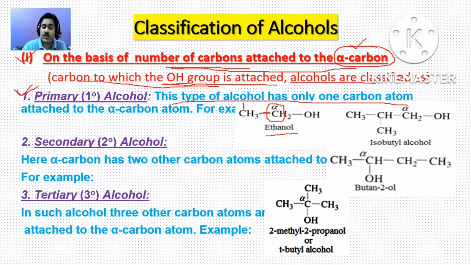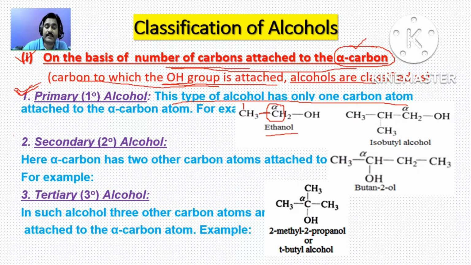Such alcohols are called primary alcohols. In these alcohols, the alpha carbon atom combines with the hydroxyl group and also one carbon atom. So these are called primary alcohols.